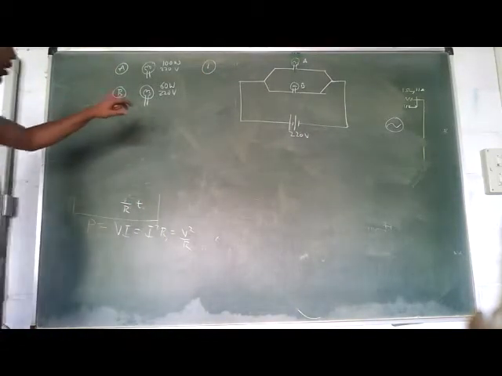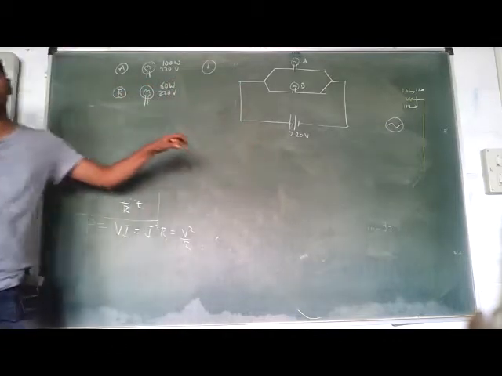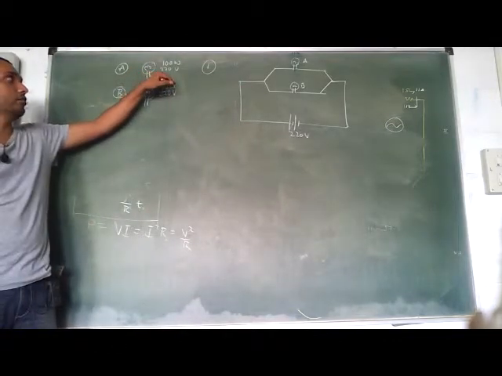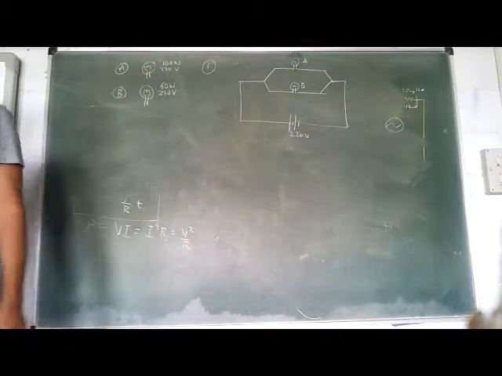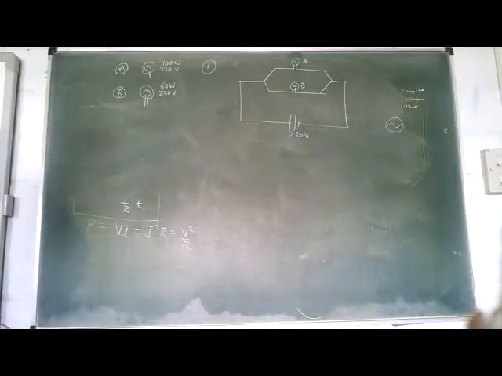Now, what do you mean by rating? Rating means the stamping of the bulb: if you apply this bulb across a 220 volt supply, it will give you 100 watt. If you don't give 220 volts, it will not give 100 watts. You can put it across another voltage, but it may blow off or it may not glow brightly.